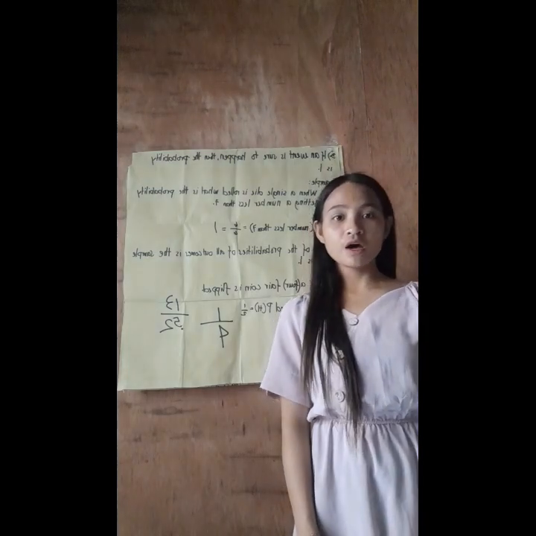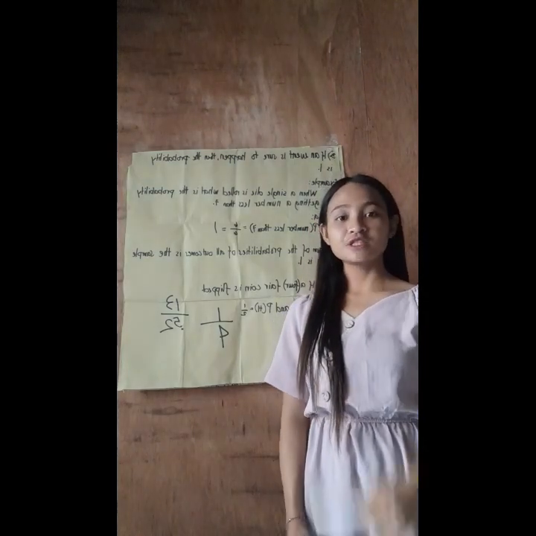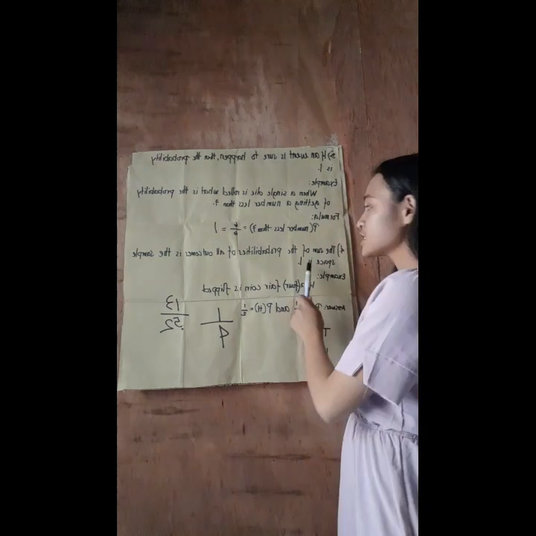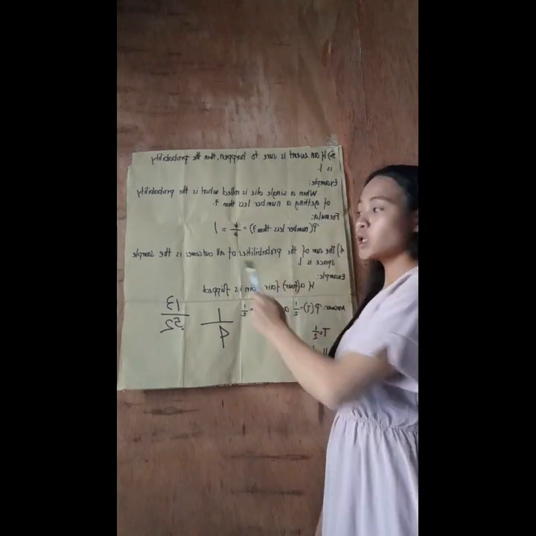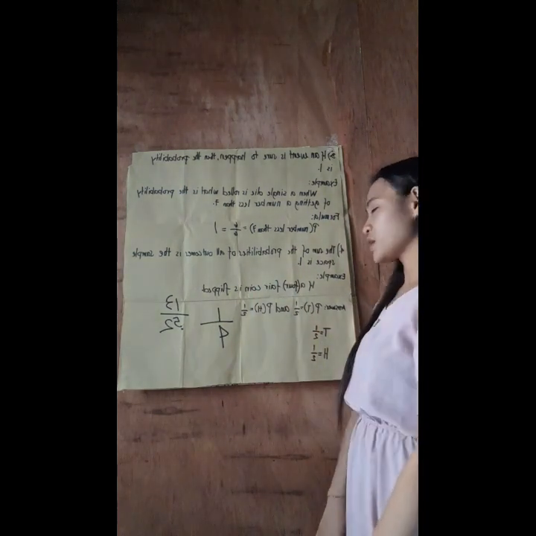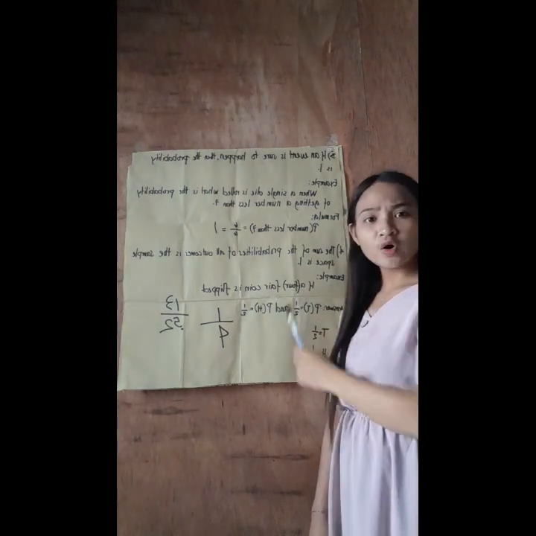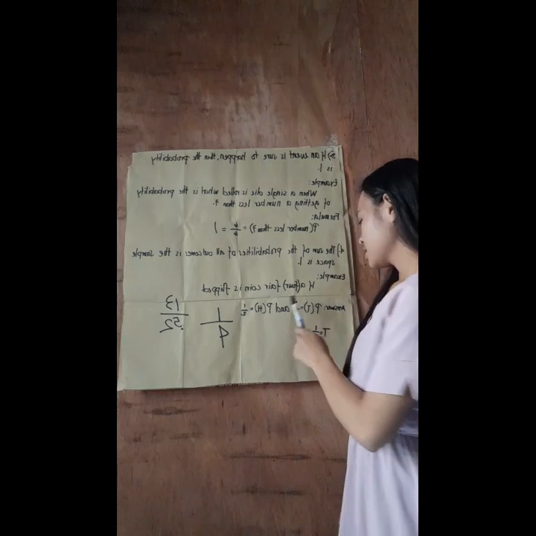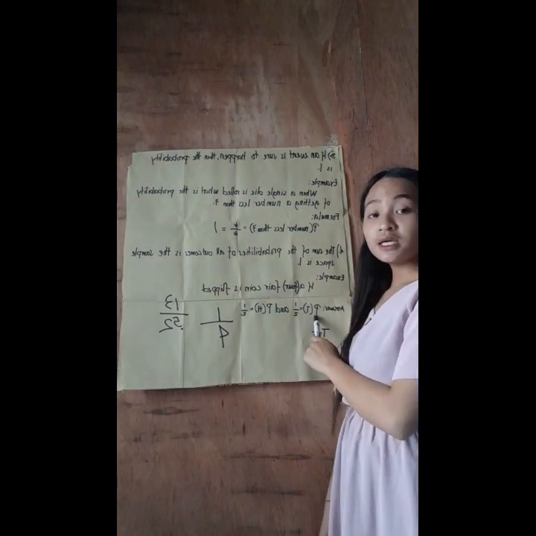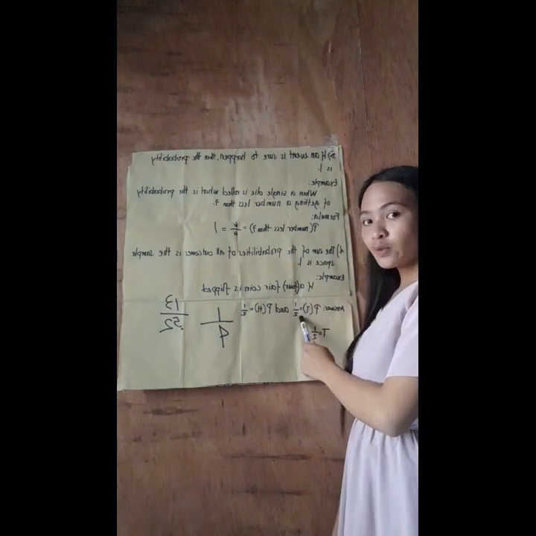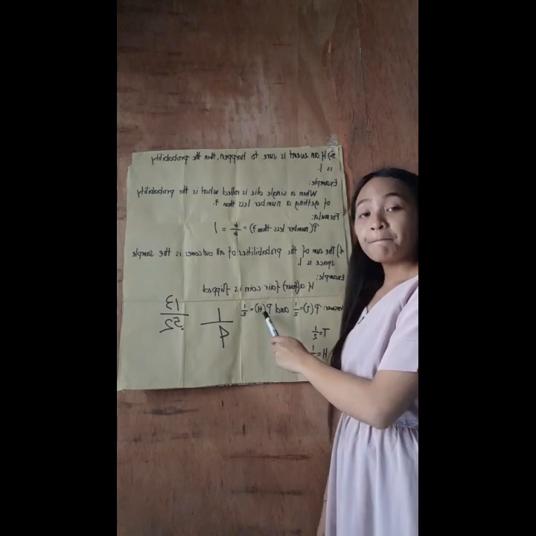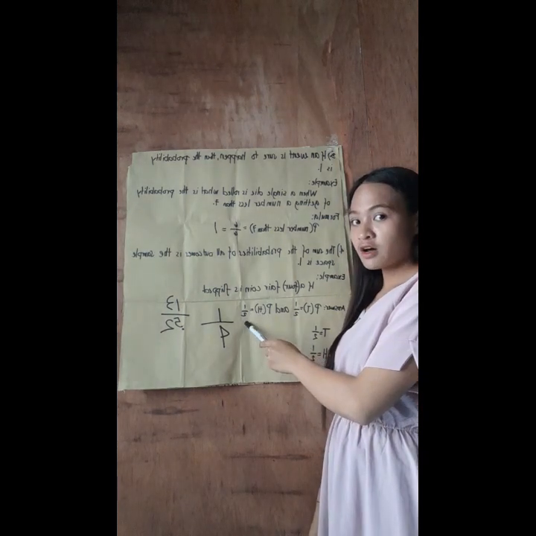The last rule of the probability of simple events is that the sum of probabilities of all outcomes in the sample space is 1. For example, if a fair coin is flipped, our answer will be P(T) equals 1/2 and P(H) equals 1/2.